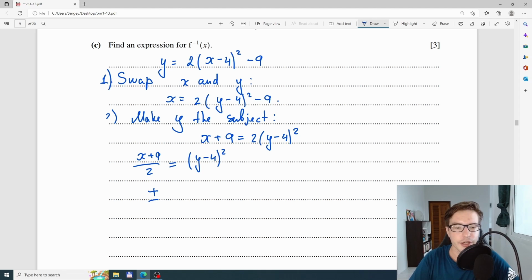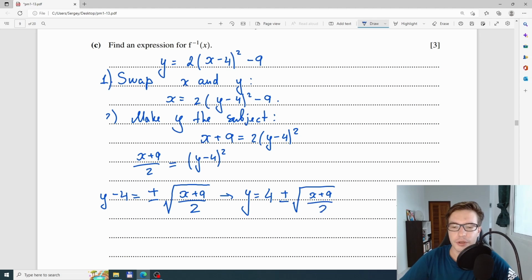And when I do it, I will get two values, positive and negative. That gives me y minus 4. Then I will have to rearrange it and get minus 4 on the other side. That will be y equals 4 plus or minus the square root of (x plus 9) over 2.